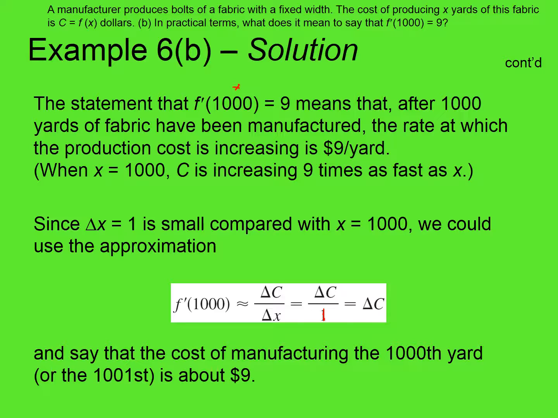Probably the latter. Production increases $9 from what it was 1 yard ago. In other words, the cost of manufacturing the 1,001st yard is about $9.